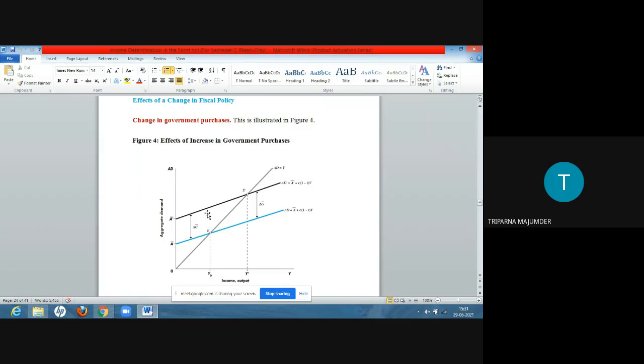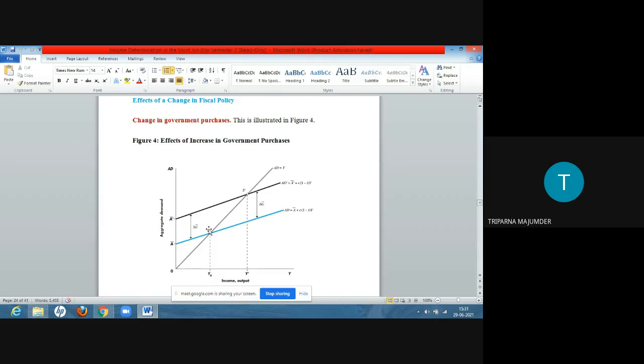Now, at this level of income, what happens? First, what is the effect of this increase in government expenditure? Our aggregate demand curve shifts parallelly upward to AD dash. Now, at equilibrium income, we were at OY0. Here, aggregate demand is more than output by this amount. What does it mean?